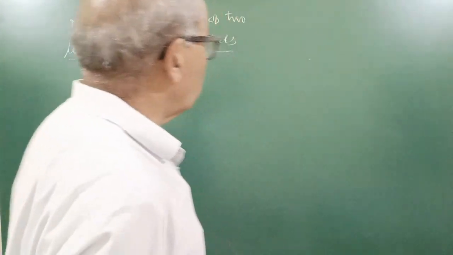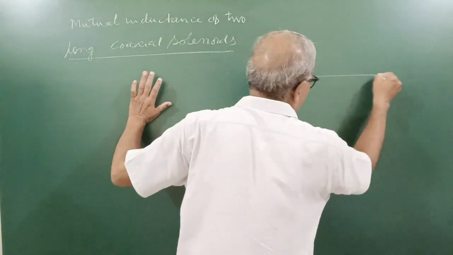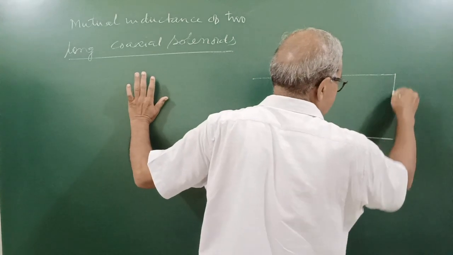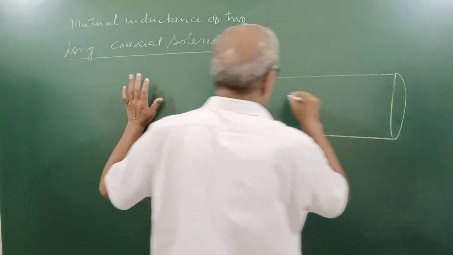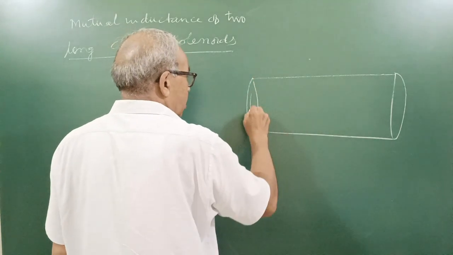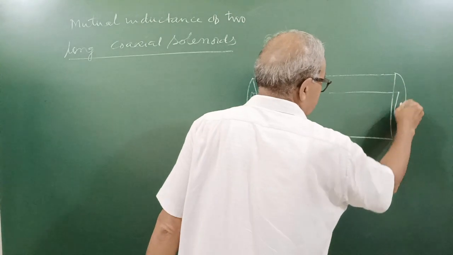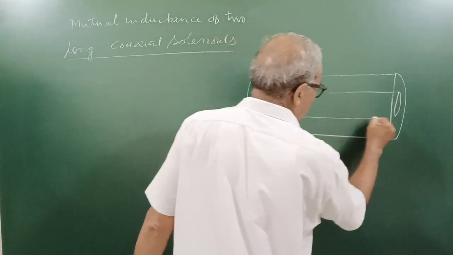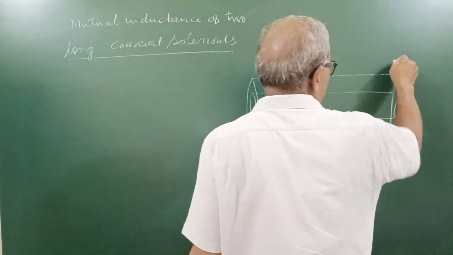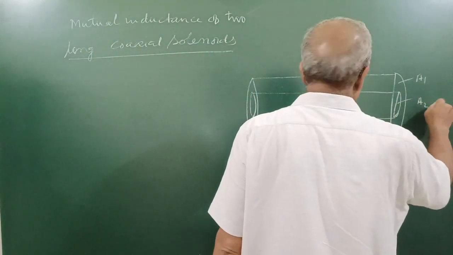So what are two coaxial solenoids? Now see, I am drawing a diagram here. This is one solenoid. There is another inside. The two have the same axis. Let the outer coil be 1 and the inner 2, with areas A1 and A2.